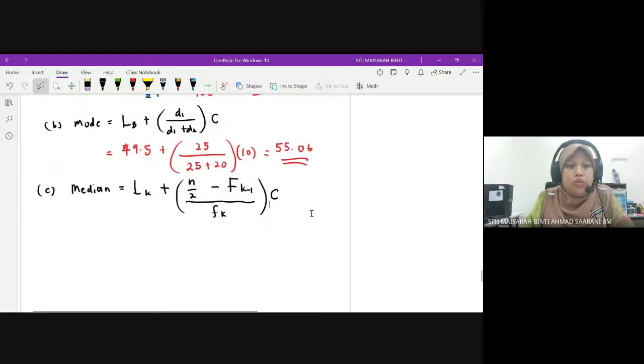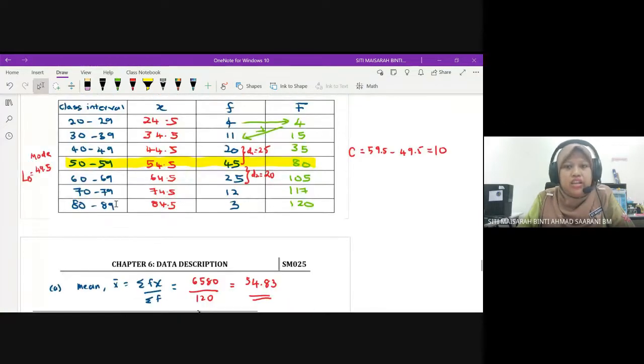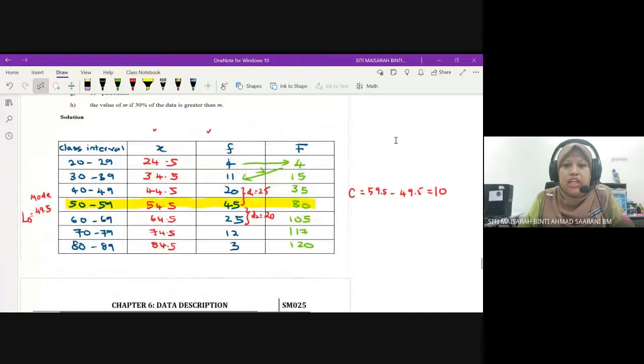It means we need to find which row the median is located in. To find the row for the median, you look at the cumulative frequency. The total frequency is 120, so 120 divided by 2 is 60.